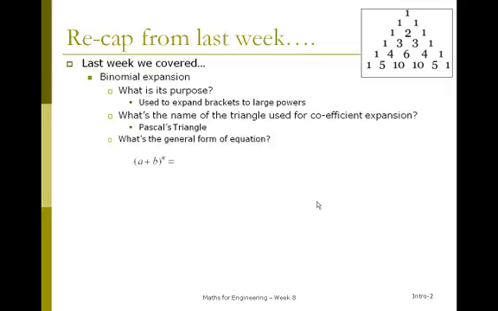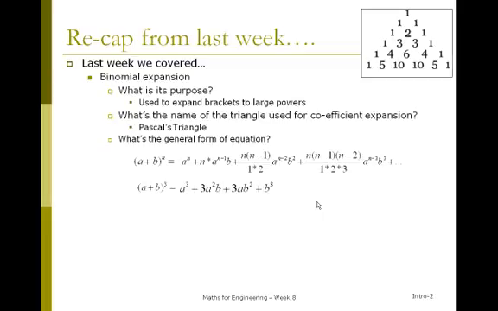So, what's the general form of the equation (a + b)^n? If you remember from last week, when we looked at the example (a + b)^3, what you saw was that starting at the left hand side, a was to the full power 3, and then gradually one was taken away from each of the powers until the right hand side where a wasn't used at all.